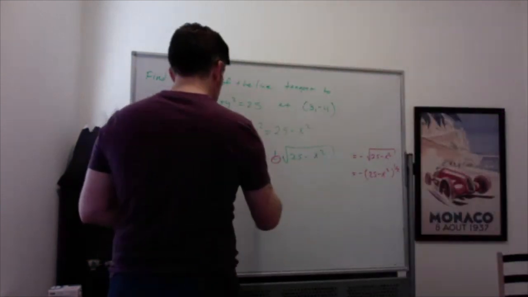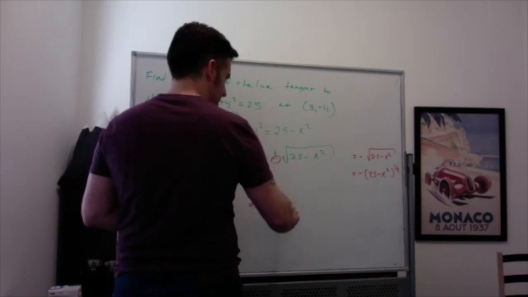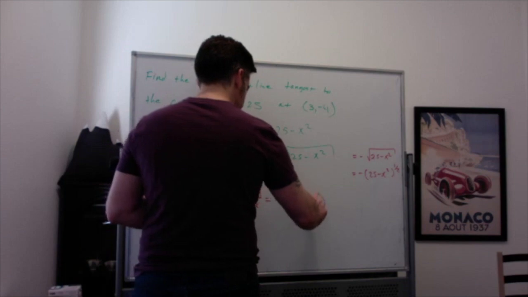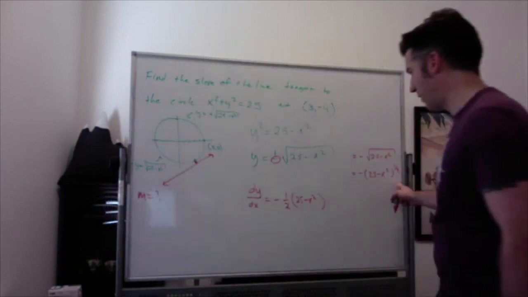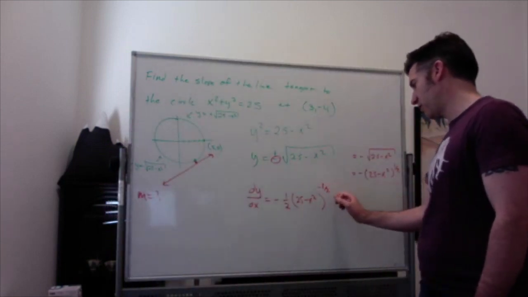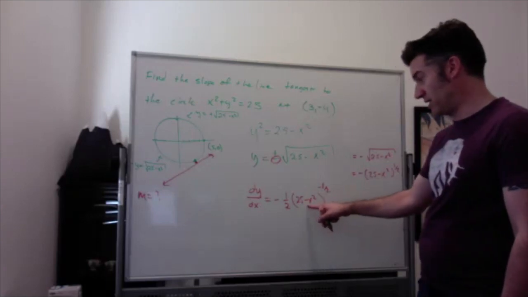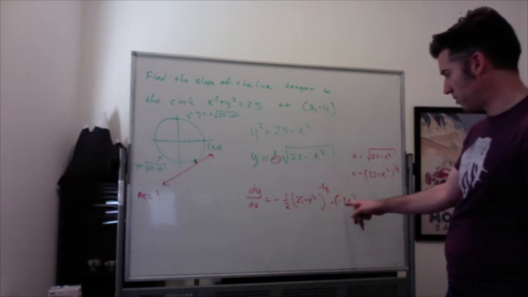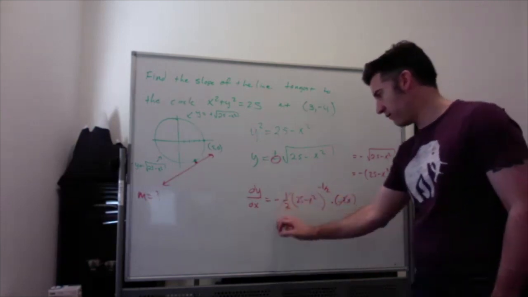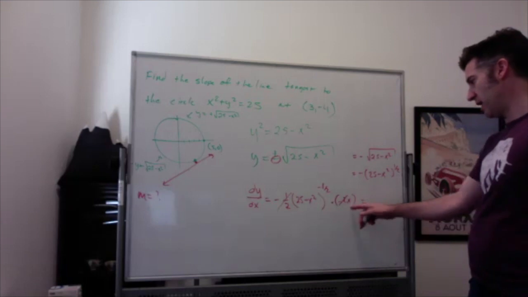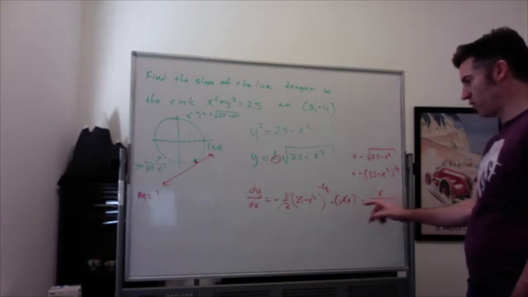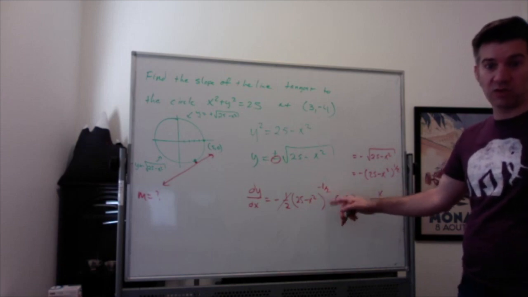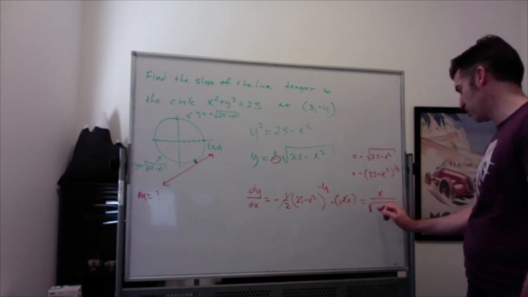So dy dx is going to be negative 1/2 times my stuff to the 1/2 minus 1, which is negative 1/2 power, times the derivative of the inside, which is negative 2x. I can cancel the negative 2 with the negative 1/2, and I can rewrite this as x over (25 minus x squared) to the positive 1/2 power, or x over the square root of 25 minus x squared.